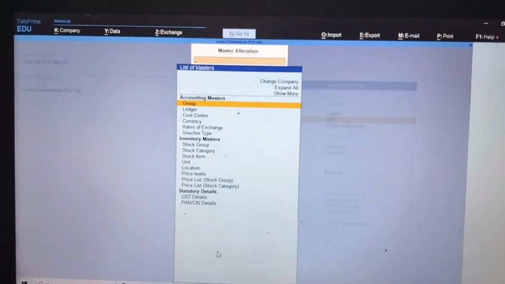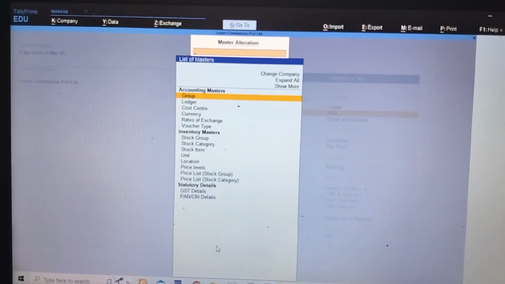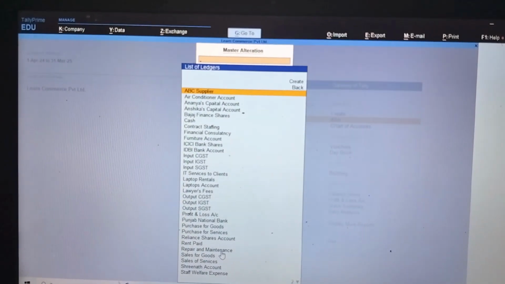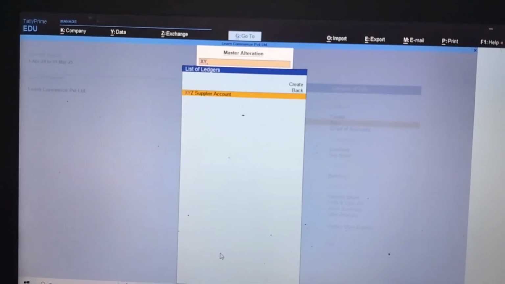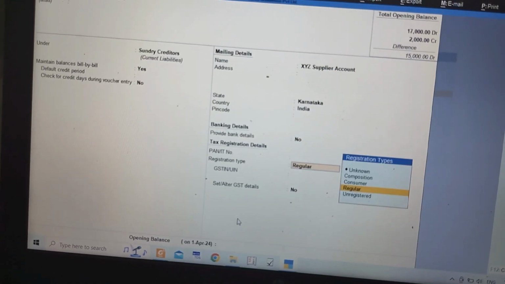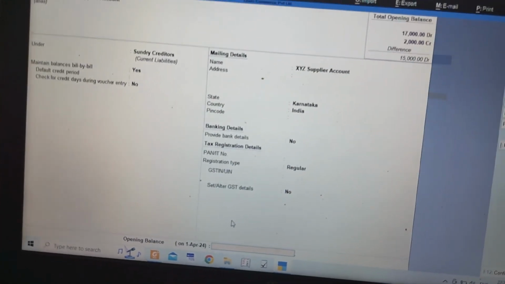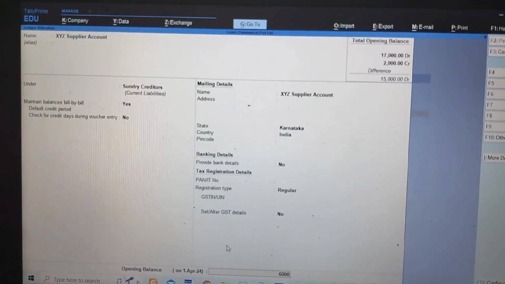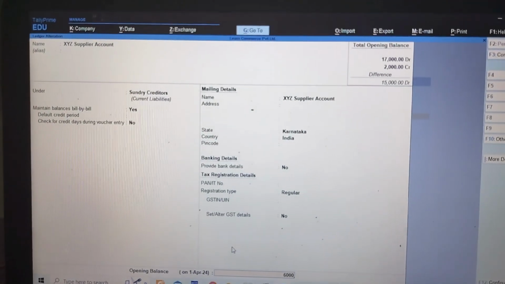Now we will see alteration of ledger. So let's go here. Output CGST or any ledger you take, XYZ. Suppose I am taking XYZ supplier account. Now here I am giving any opening balance, suppose 6,000. I am just showing you the alteration of ledger.